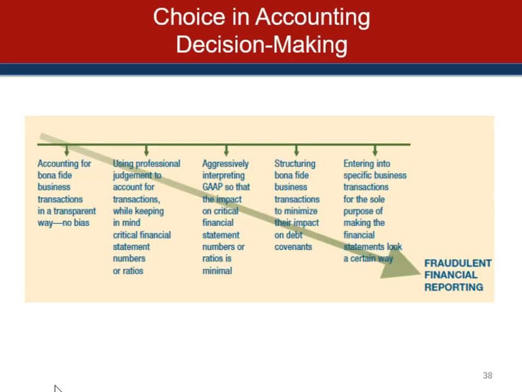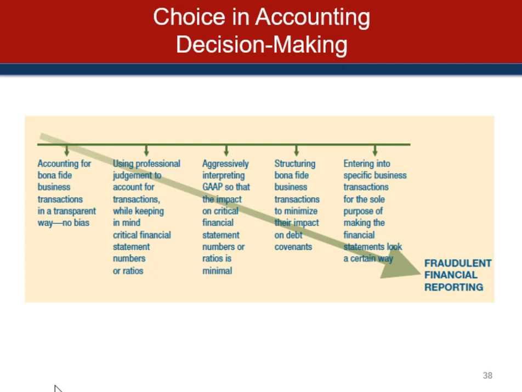There's this little graphic taken from your textbook once again, and so there's kind of a continuum between perfect accounting and, well, there's no real perfect accounting, but the best possible accounting and accounting which actually constitutes fraudulent reporting. So the ideal is that we account for bona fide business transactions in a transparent way without introducing management bias.